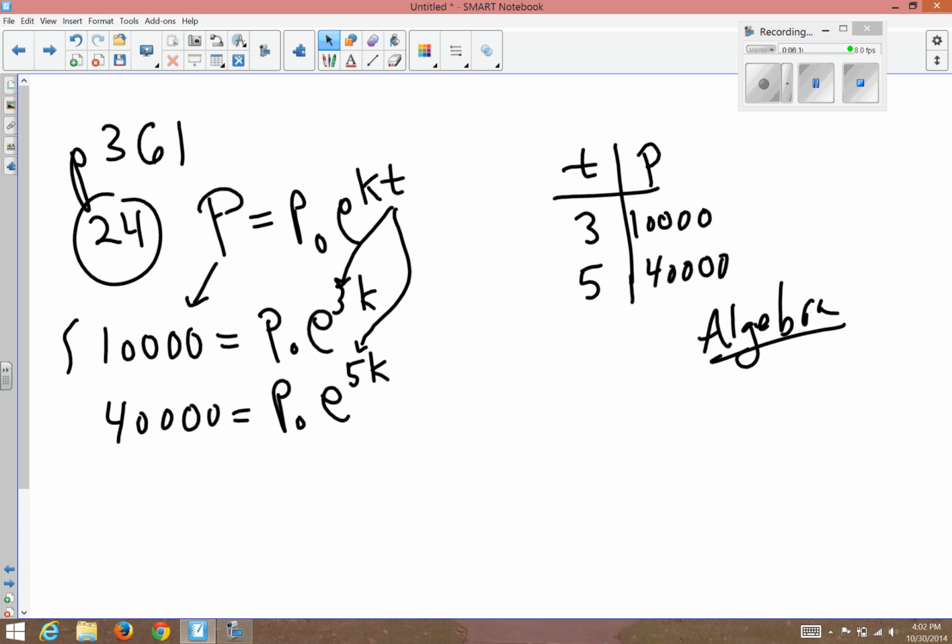So we have what's called a system of equations. We could solve either equation for either unknown, P sub 0 or k, and whatever we get, plug it into the other equation. So I'm going to choose the first equation and solve it for P sub 0.